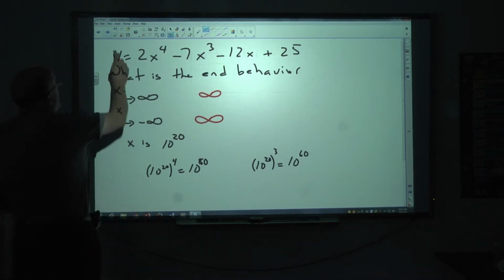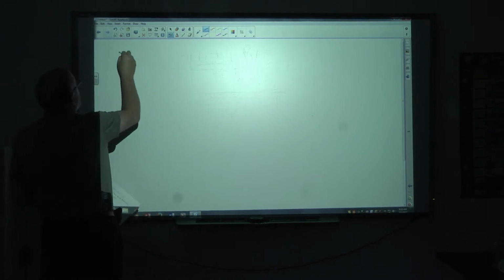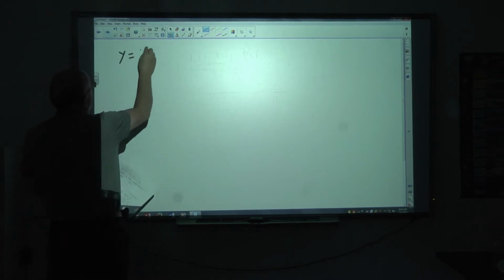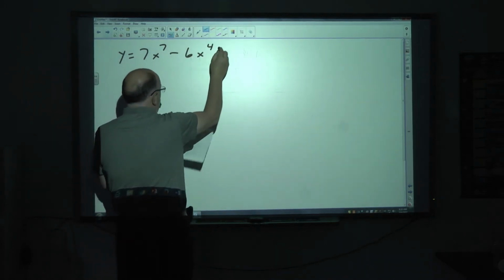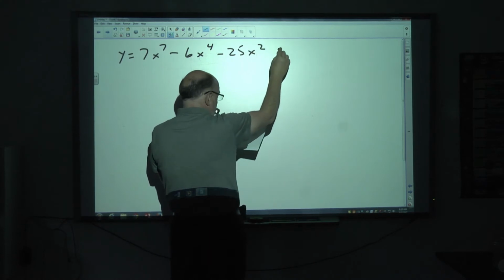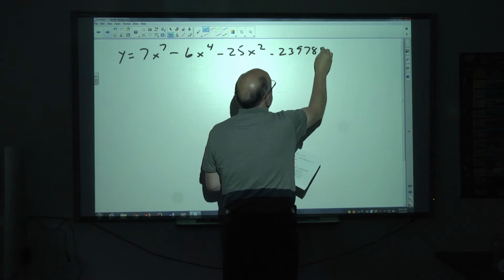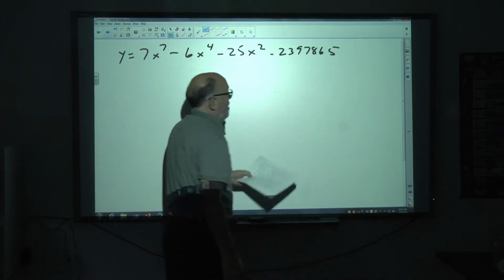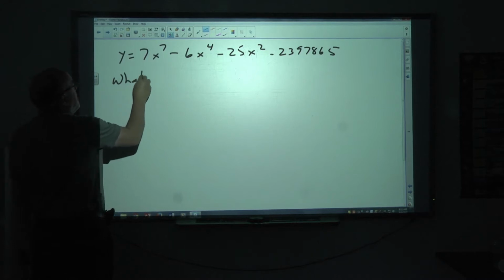Another example of this would be given something like this: y equals 7x to the 7th, 6x to the 4th, 25x squared, minus 7. And again, I want to know the end behavior.